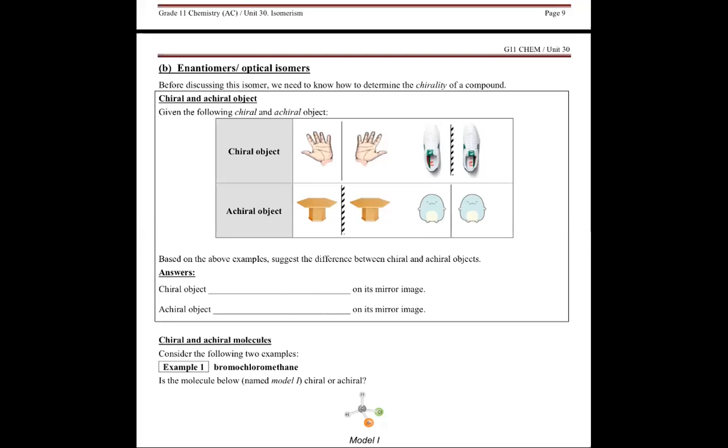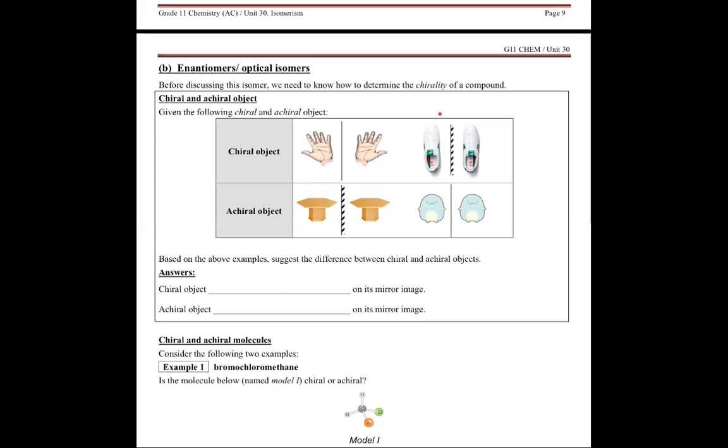When you put your right hand on top of your left hand, you can see the positions of your 5 fingers are different, right? That means they are not superposable. The mirror image cannot be put on top of the original one and the positions won't match. So that's not superposable.